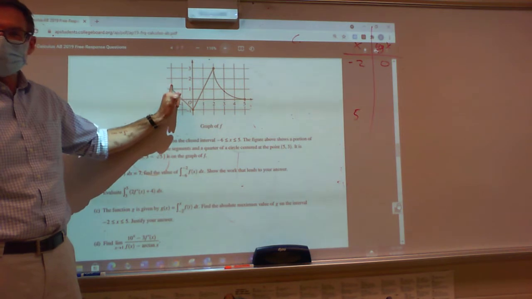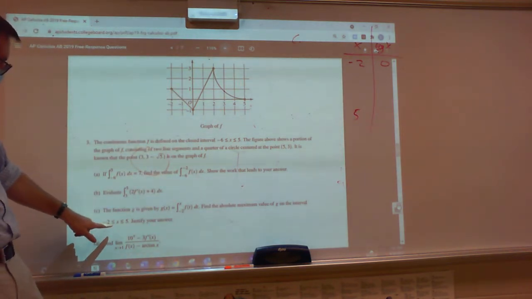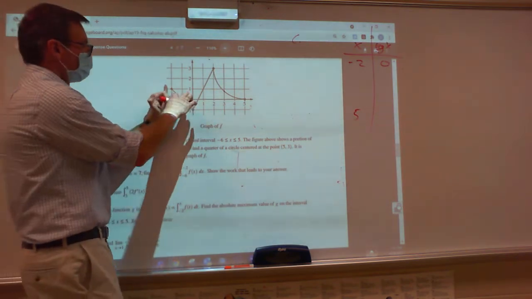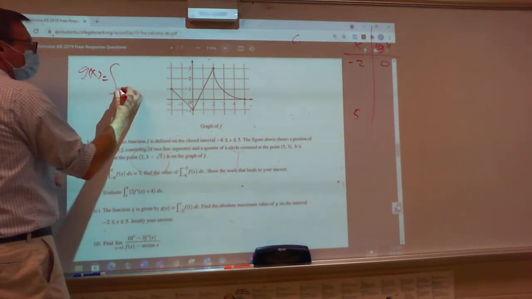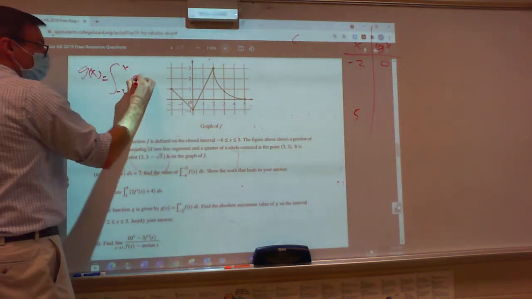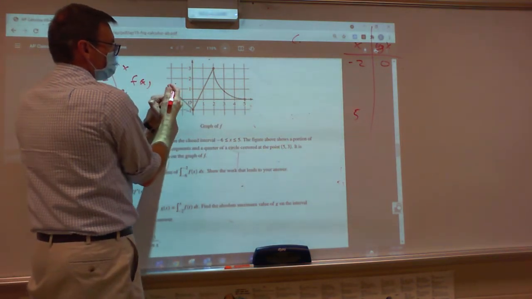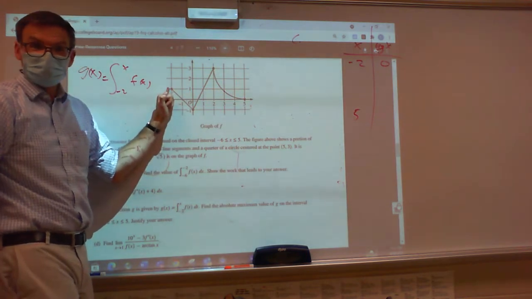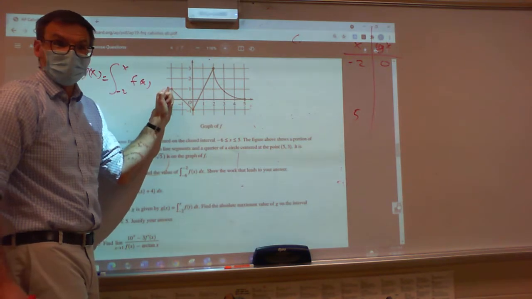Are we okay that, if I want to know what's my value at 5, then we have g defined as the integral from negative 2 to x of f of x. So if I want to know here, I want to know what's that cumulative area from here to here.